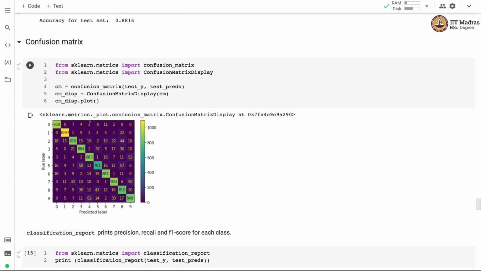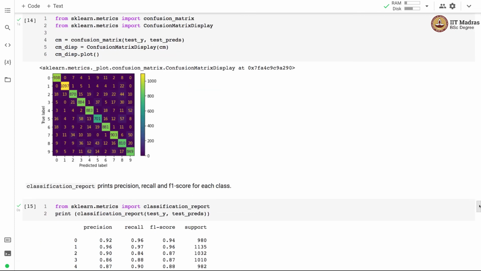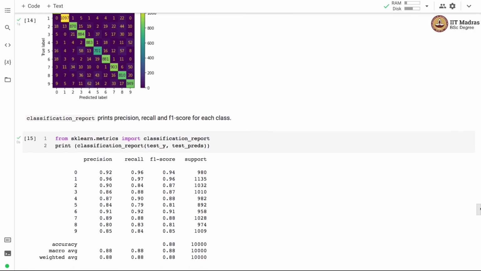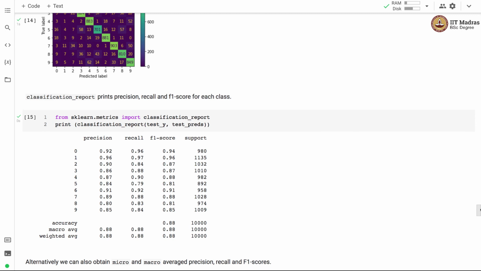And this is the confusion matrix for the test set, and we calculate the classification report on the test predictions. So we are doing very well on certain classes like digit 0, digit 1, digit 6.